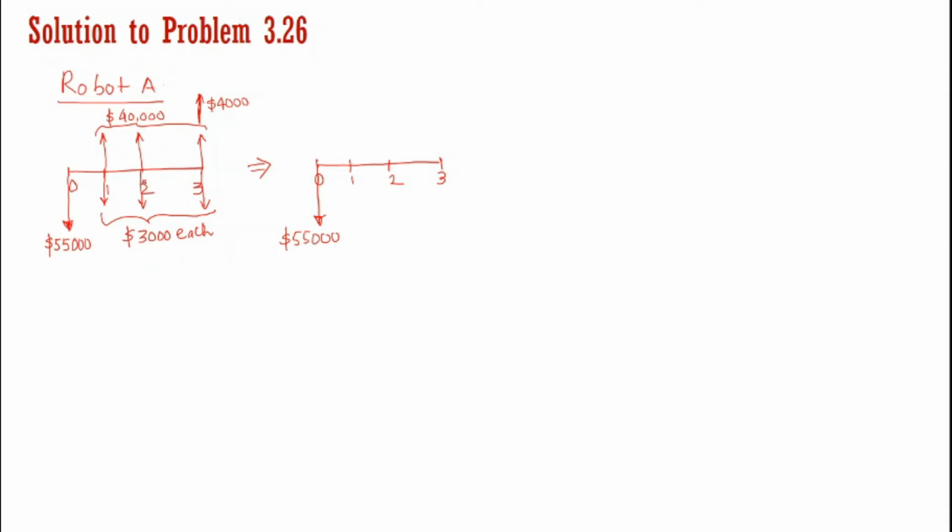Now 40,000 and 3,000: at each point, one transaction is upward and one is downward, so arithmetically we can subtract them.